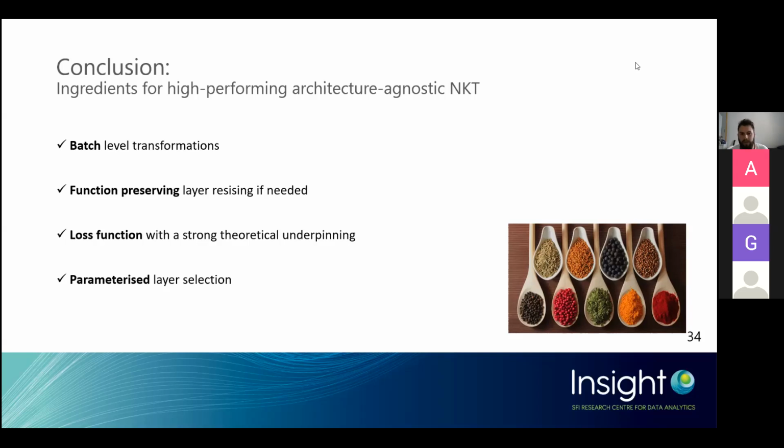We should select a loss function with a strong theoretical underpinning, so maybe a loss function that has a good basis in representation learning, and we should explore parameterized layer selection to avoid the human in the loop trying to pick which layers you should be transferring knowledge from, and to automate the process a lot more.